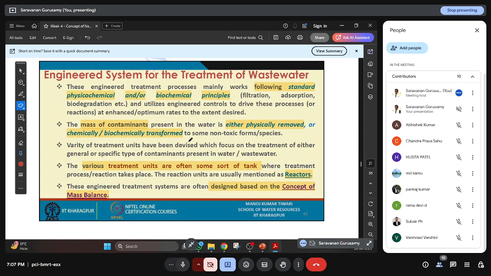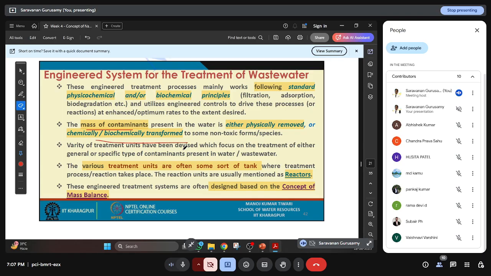In the treatment, we need standard physiochemical and biological processes, mimicking what the river does naturally, like filtration and sedimentation. We adapt the same processes from nature in the reactors. So the mass of the contaminant is either physically removed or chemically or biologically transformed. Physical removal is settlement: 1 kg settling stays as 1 kg.